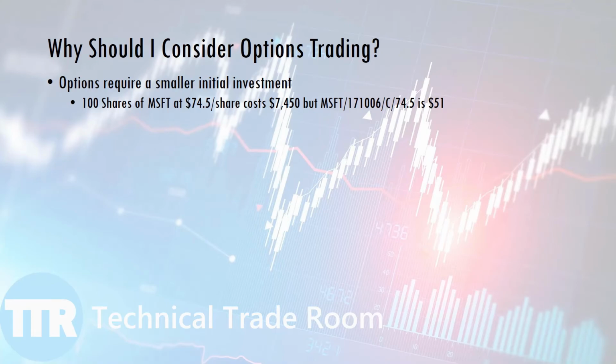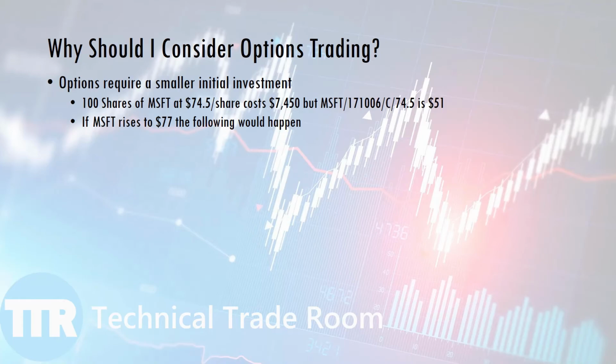But if I were to buy a Microsoft October 6, 2017 call at $74.50, that would only cost me $51 for the contract. I'll still own the rights to purchase the 100 shares, but I paid a fraction of the cost for it.